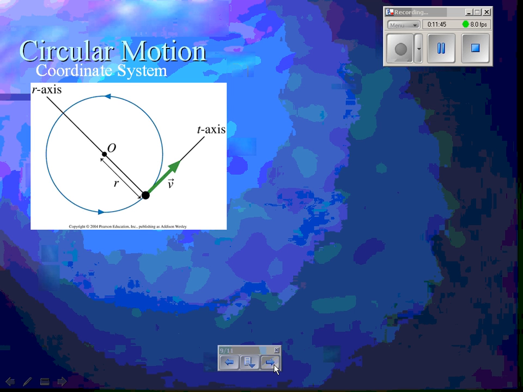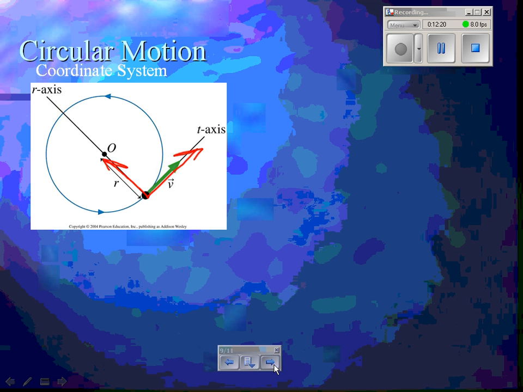Last thing I want to mention has to do with a different coordinate system. We're going to go back and forth between different coordinate systems here, so you're going to get used to using several of them. Another one is a TR coordinate system. And this is always rotating along with you. The T stands for the tangential direction, which would be this direction here. And R stands for the radial direction.